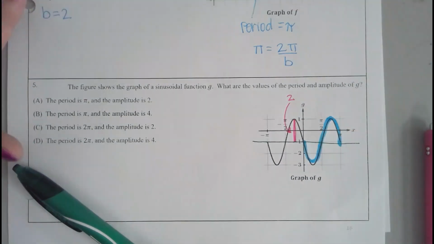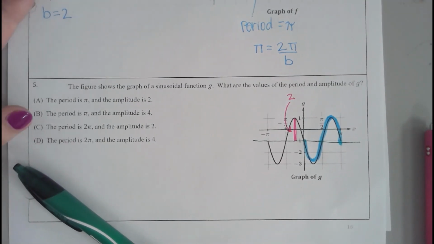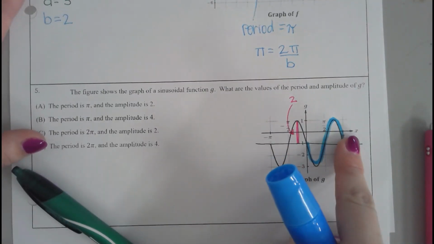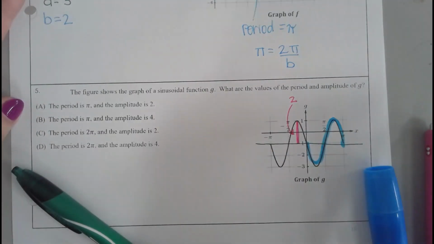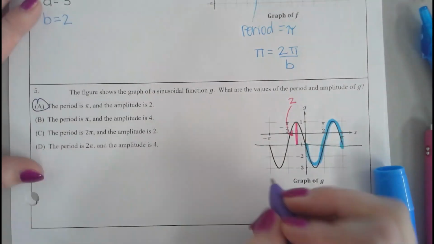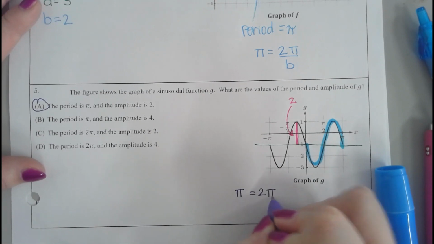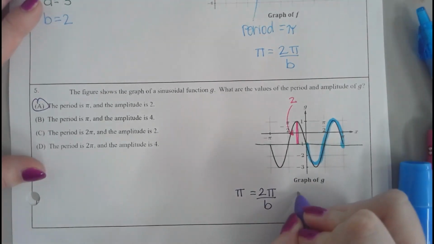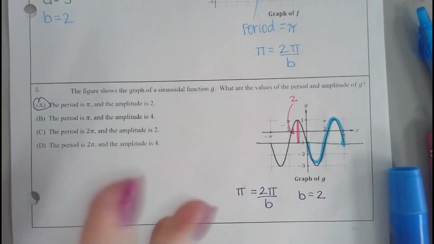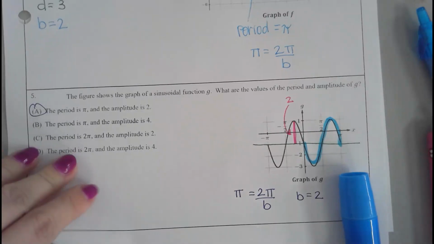That is my period. So the length of that line is my period, which is pi. From 0 to pi is pi. Now if I wanted to find my B value, I would say pi equals 2 pi over B, and I would say, okay, well B is 2, but it didn't ask for B. That's not part of it.